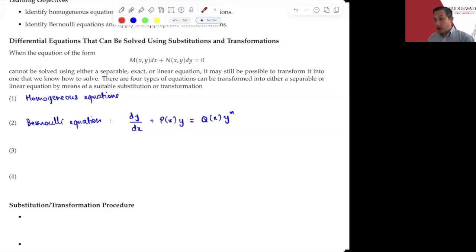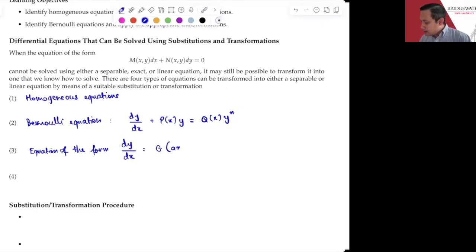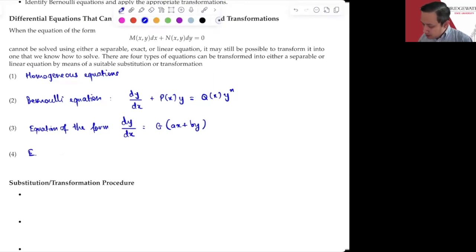Number 3 is the equation of the form dy/dx equal to g of ax plus by. Equation with linear coefficients.